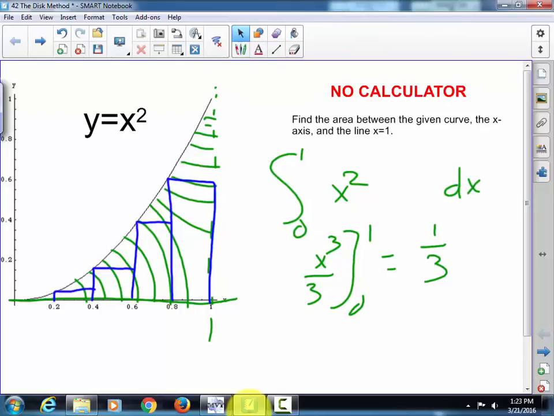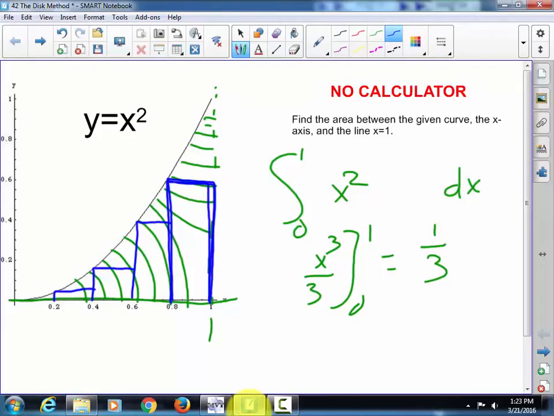Because we know that if we go back to doing this the way we originally started and find the area of this rectangle, that's not going to be the actual area of this here, is it? No, and even if we go use the right Riemann sum, if we go over here and use that rectangle, that's not going to be it, is it? The trapezoid thing.